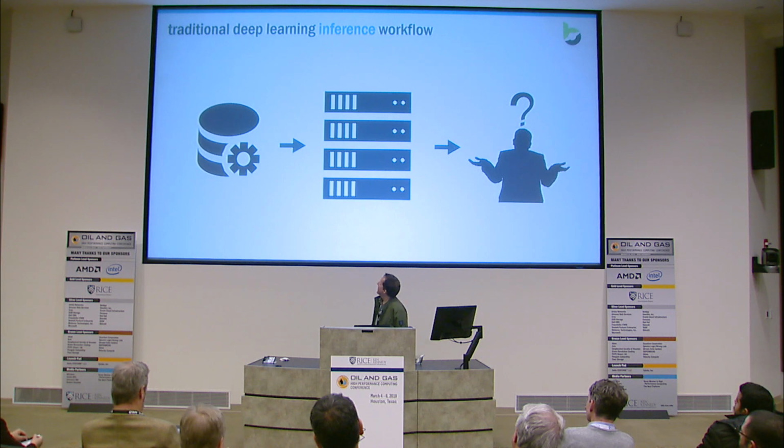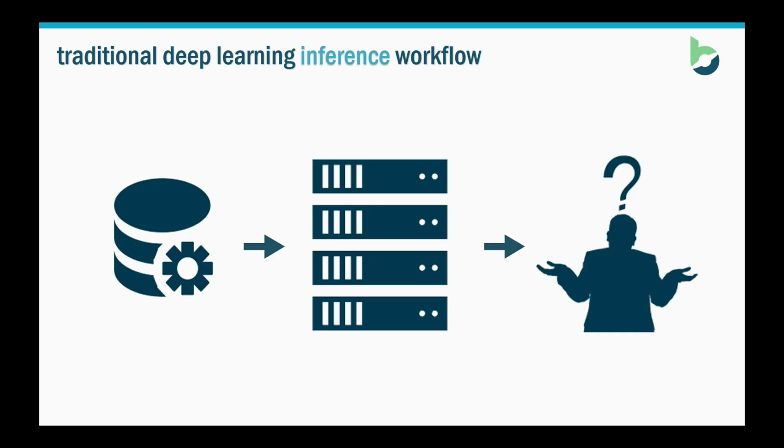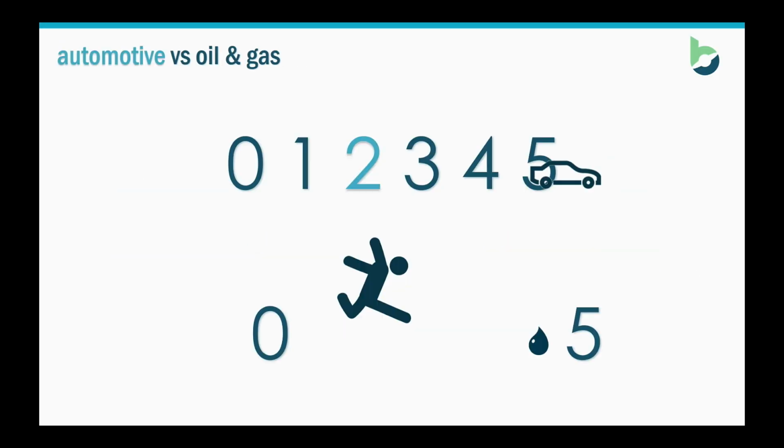I would like to look at a different industry that uses deep learning heavily, and that is the automotive industry. We have today something called the SAE, Society of Automotive Engineers. They have defined a scale from 0 to 5. Today we are at level 2 in the automotive industry.